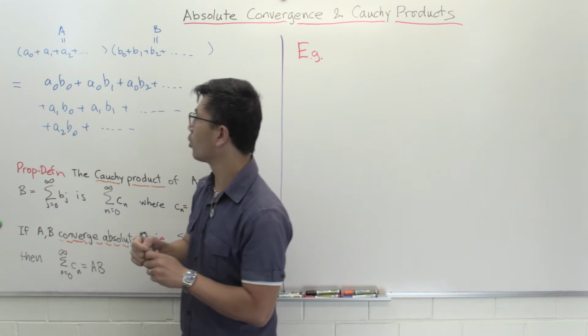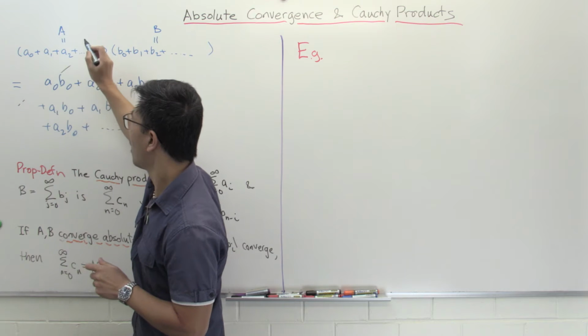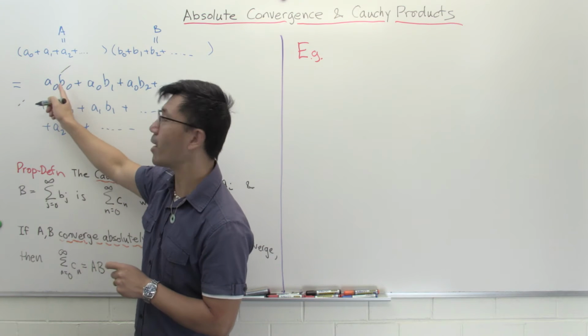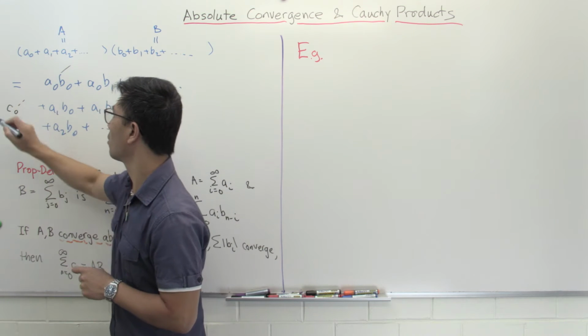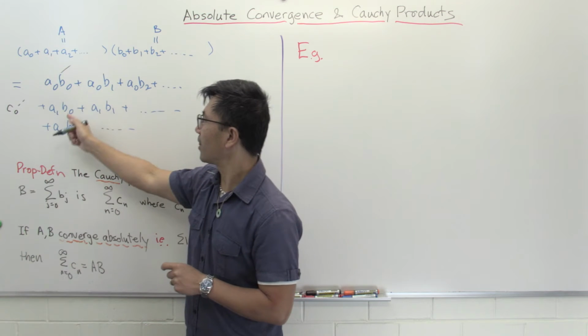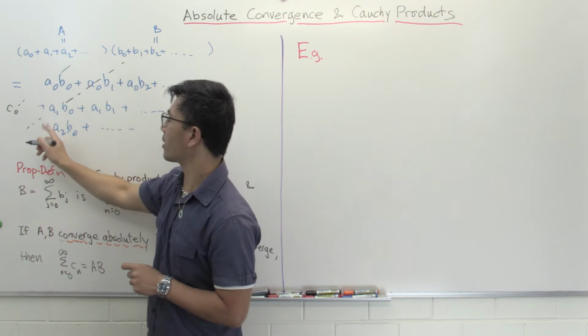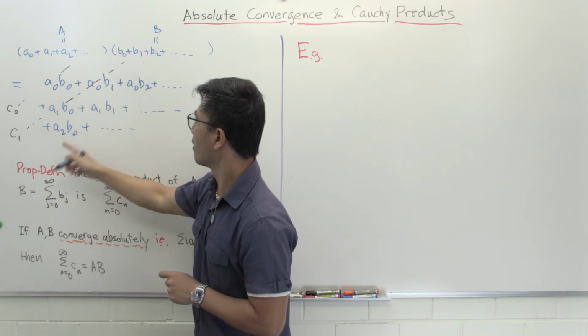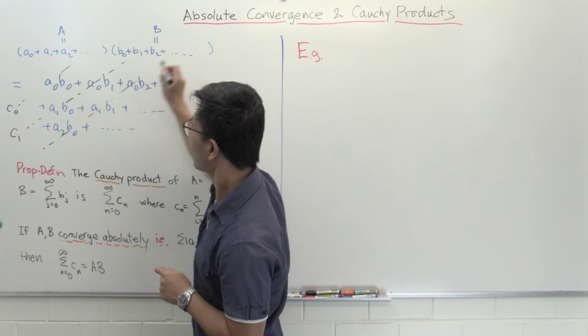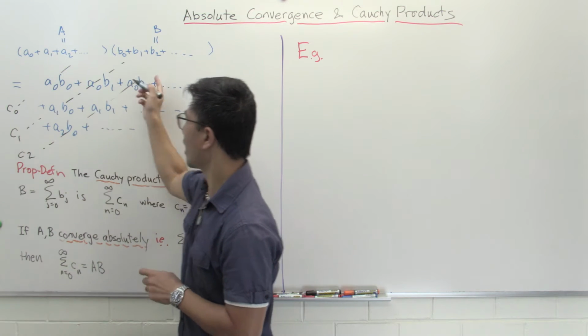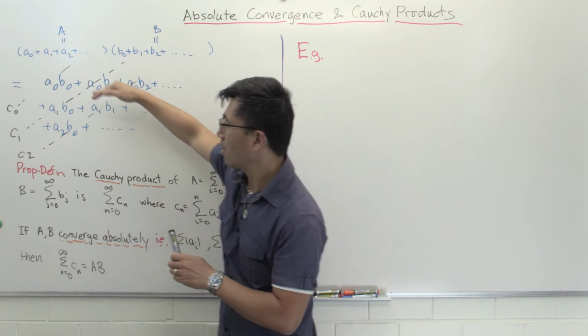So we'll look at this diagonal and all the elements here. There's only one, A0 B0, and we'll call that C0. Then we'll add these next two elements, and that's going to be called C1, and then the next one will be called C2, the sum of those three elements, and so forth.